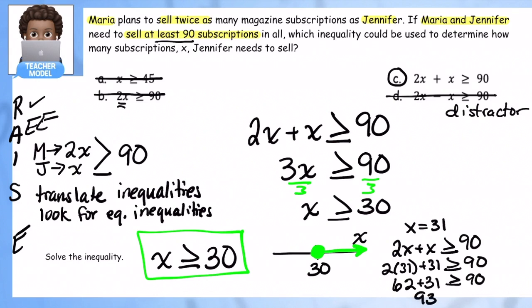And 93 is greater than 90. If I had exactly 30, it would be exactly equal. So 30 would be 2x, 2x would make 60, 60 plus 30 will give us exactly 90. So we have our solution set, and so let's hit pause, jot this one down into our notes.